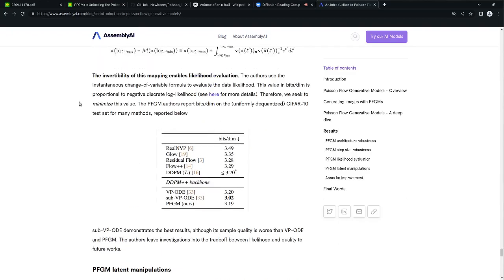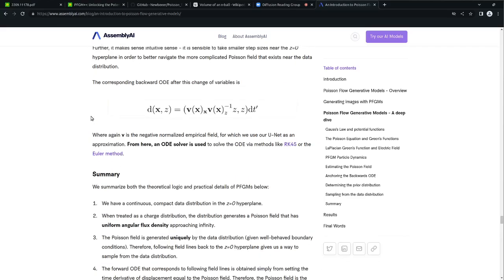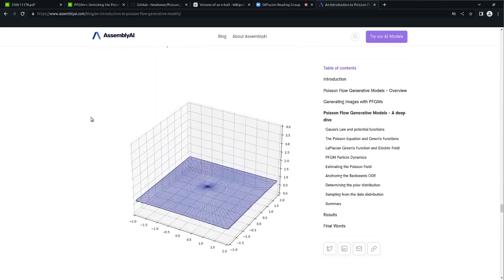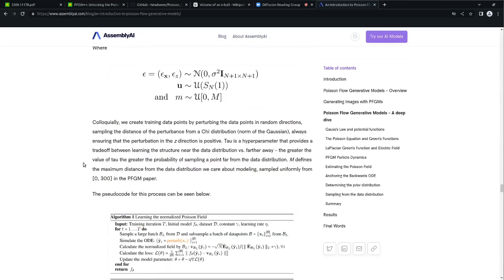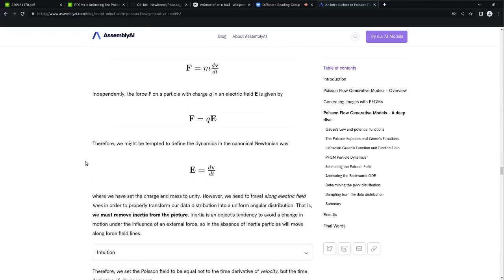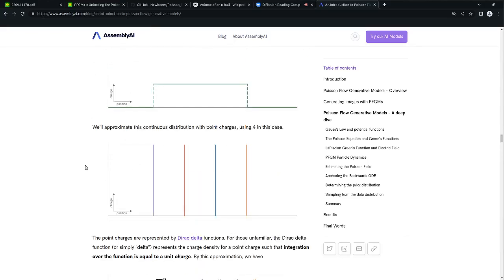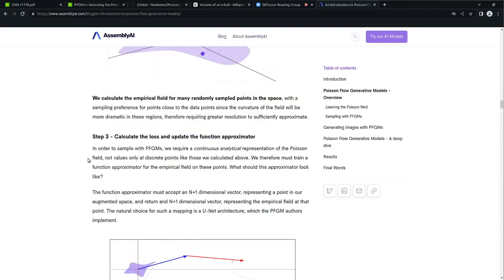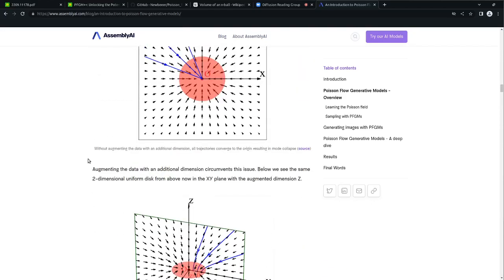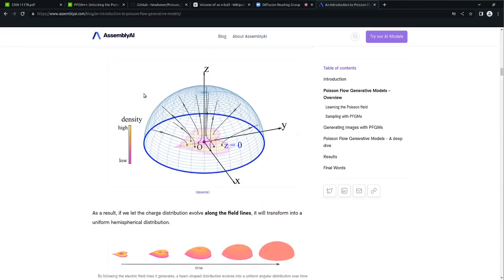So let me try and find it. Of course, I'm assuming that by latent they mean the point on the sampling plane. Let's go back to the schematic they had. So let's assume that the latent is points on this hemisphere.